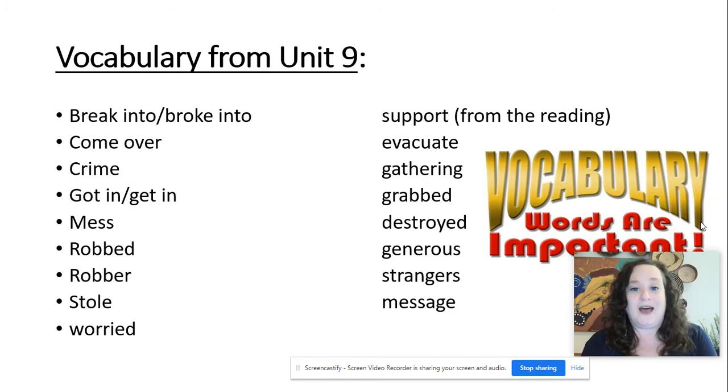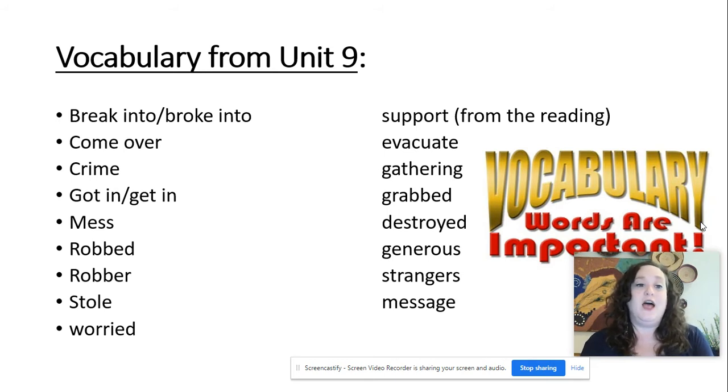On the right side of your screen, these are words from the reading exercise or lesson D. So take a look. Do you notice any familiar words? Do you know all of these words or maybe just a few? So let's start at the beginning on the top left.